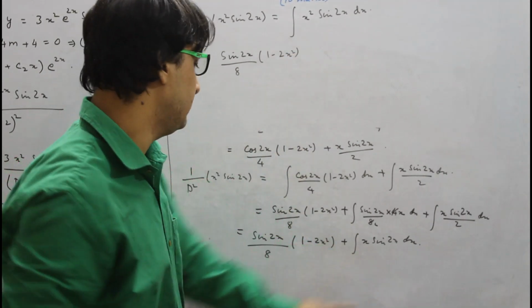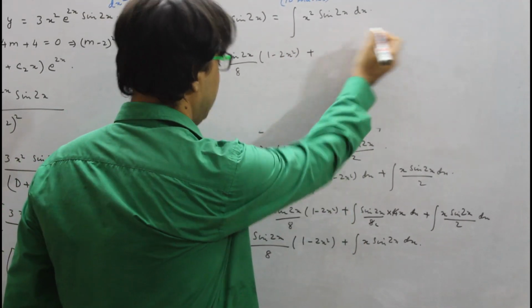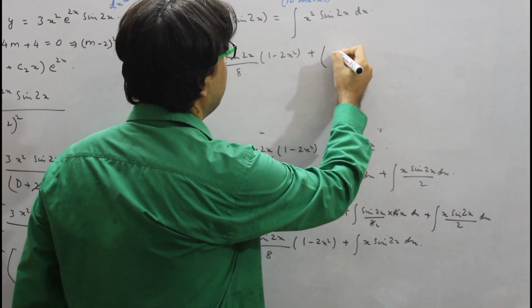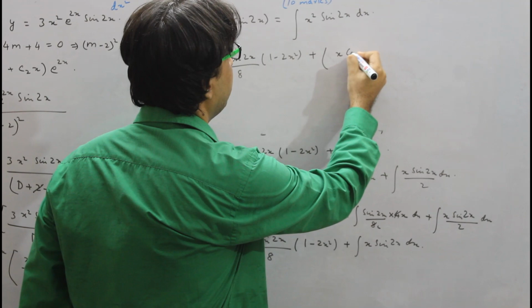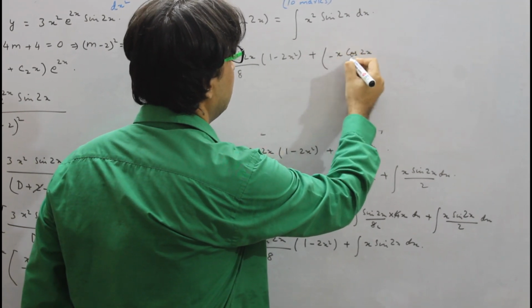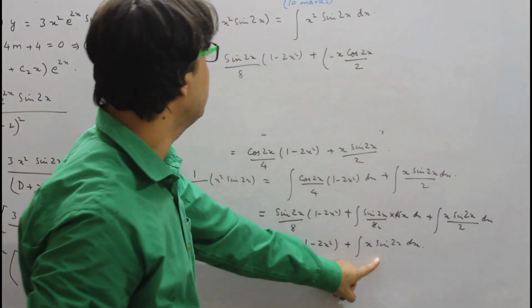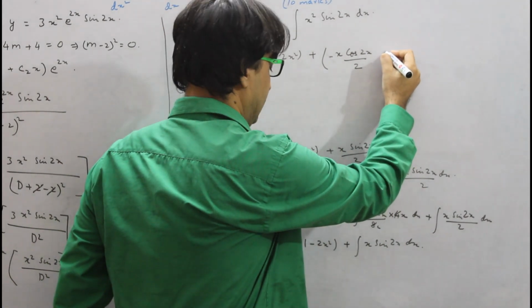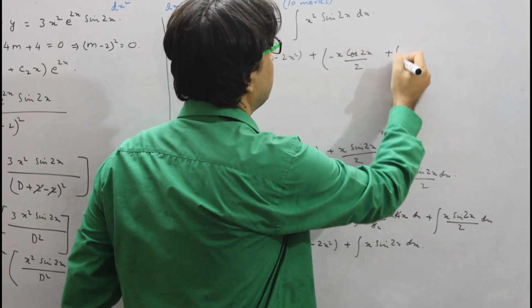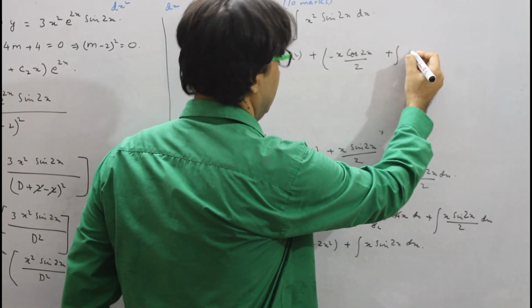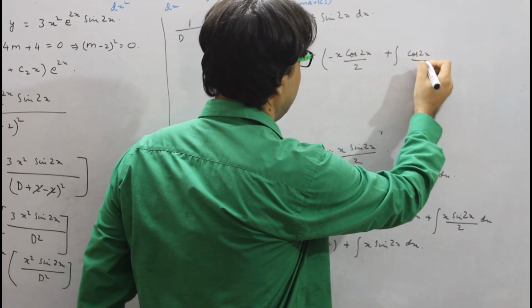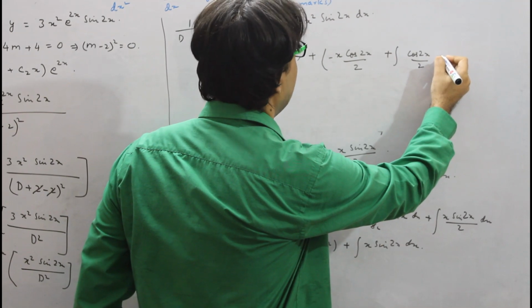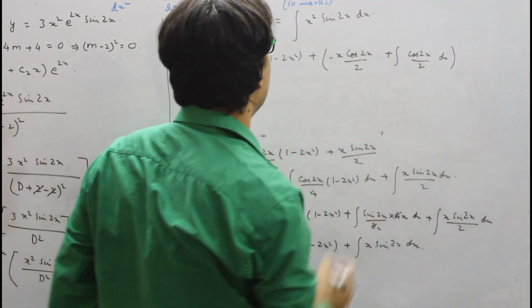Now we will integrate this one by parts. So this is our how much? We can write it as x as constant, and we can find its integral divided by 2, and this is again plus plus become minus minus become plus. So this becomes cos 2x divided by 2 dx.